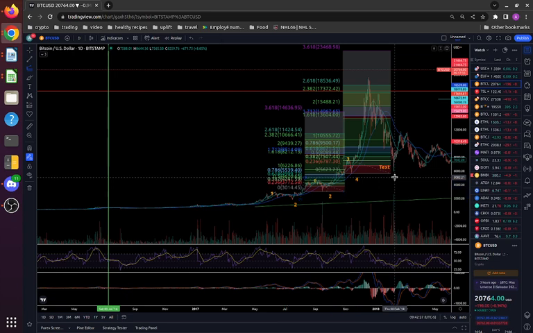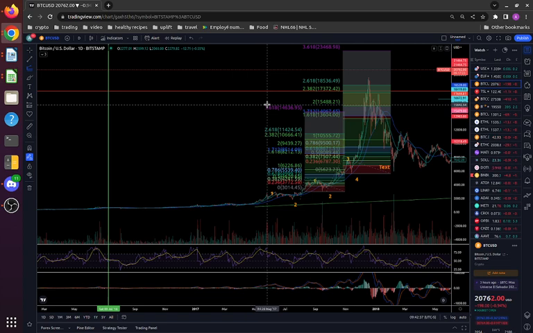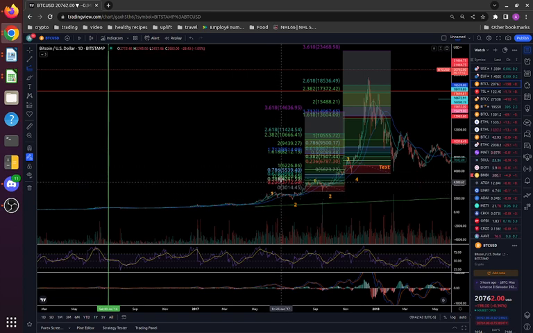It doesn't really work when you do it like this, because Bitcoin exploded, so it's actually off chart. But this is another way that you could calculate it. In this example, you can see that it's not very accurate, because the explosion was so crazy.